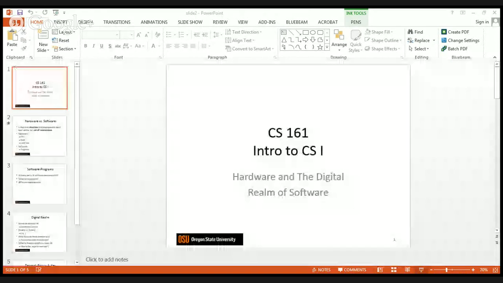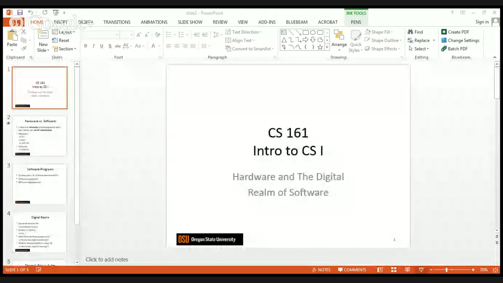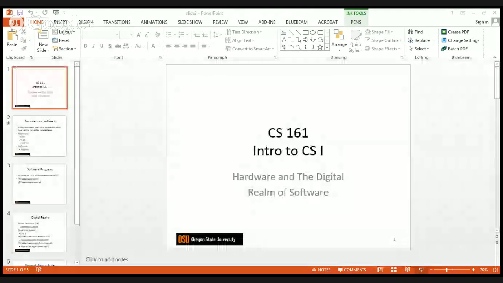So what is software? Software is any kind of computer program. We have one primary piece of software that lives on the computer, and what would you say that is? It's our operating system. So what's its purpose on the computer?